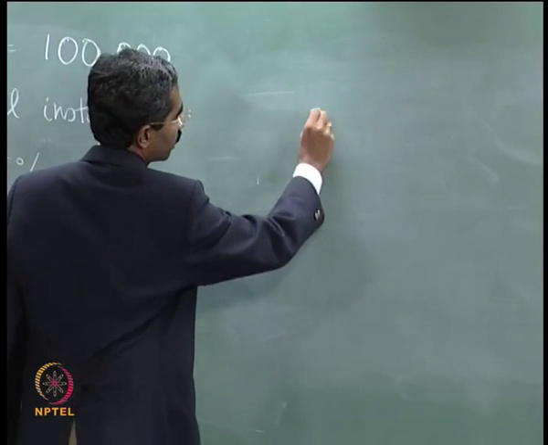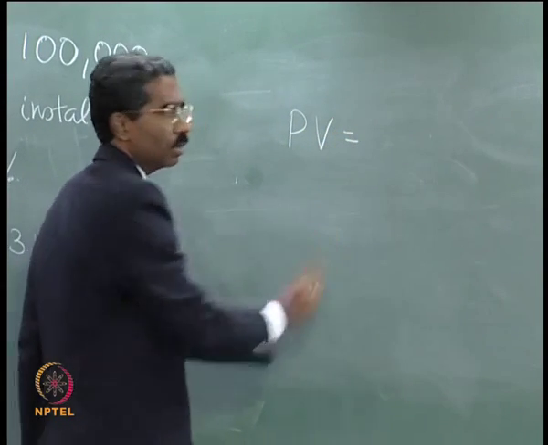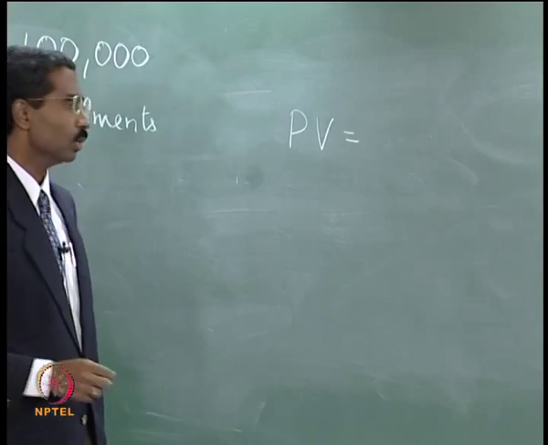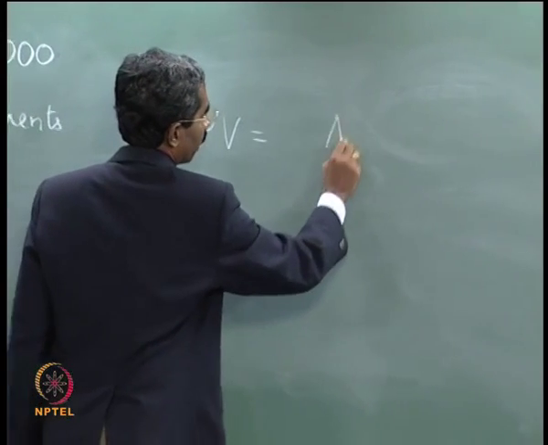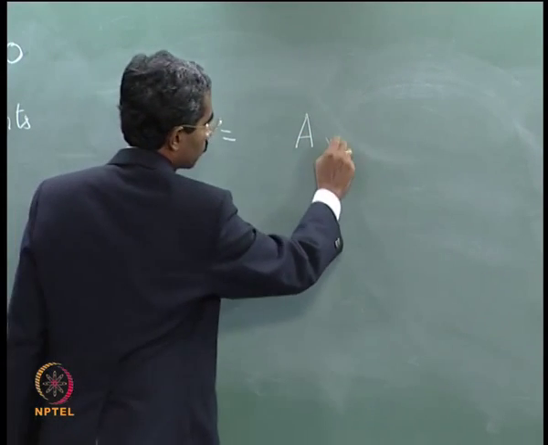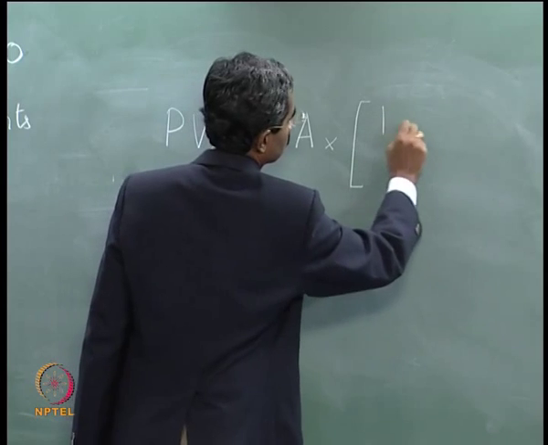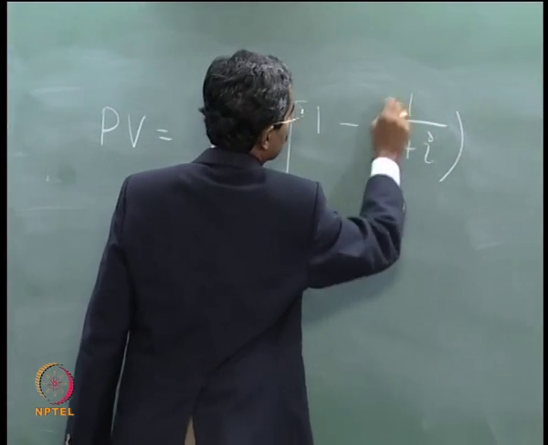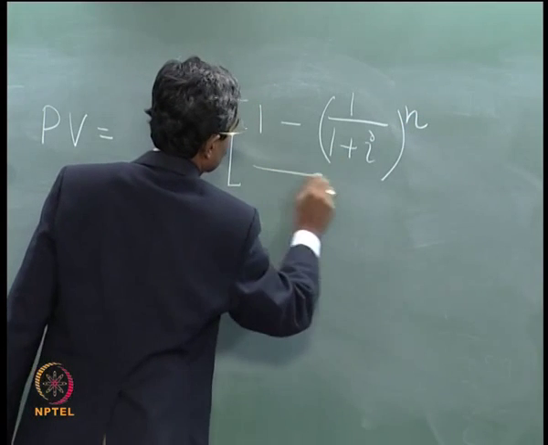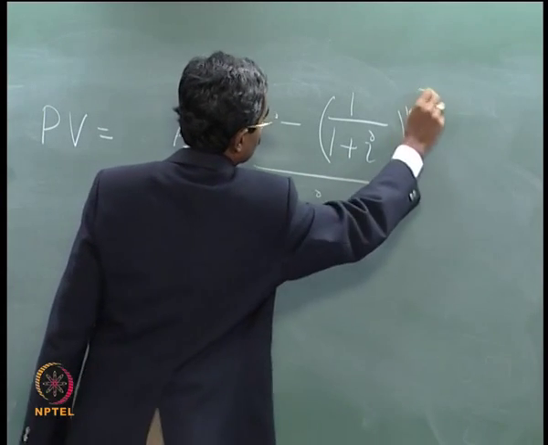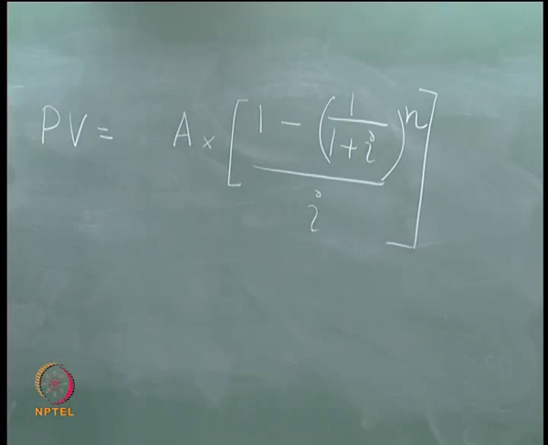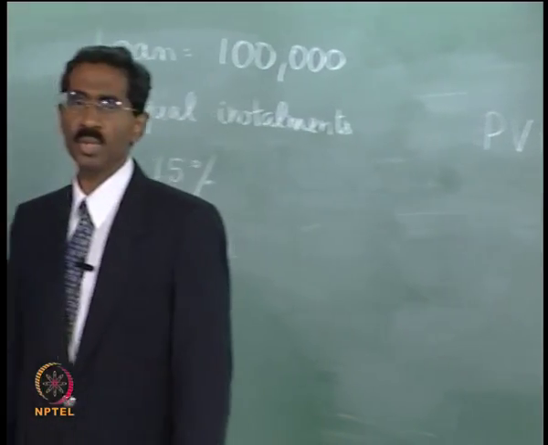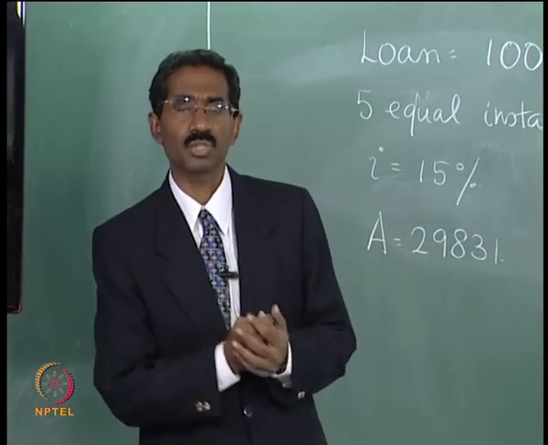So, we have calculated the present value of a cash flow of A for n periods of time as follows. Now, when you are talking about perpetuity, n is really large.